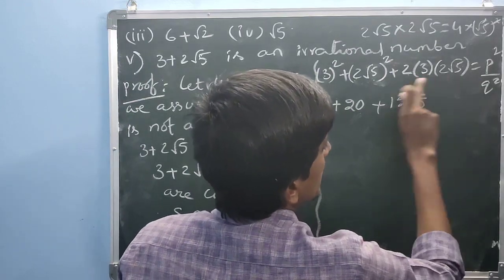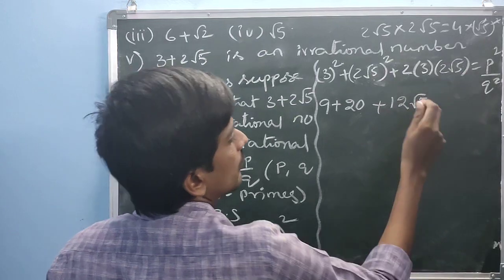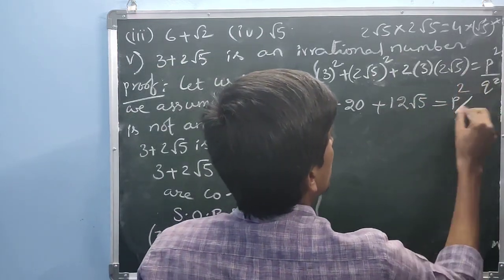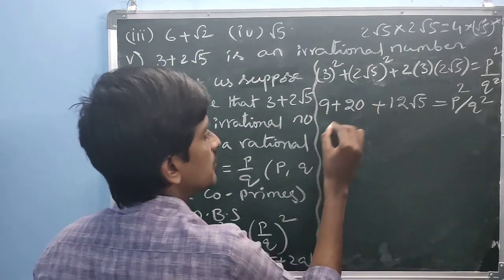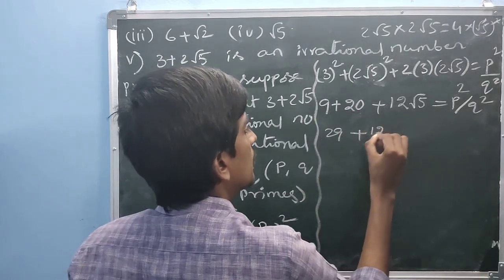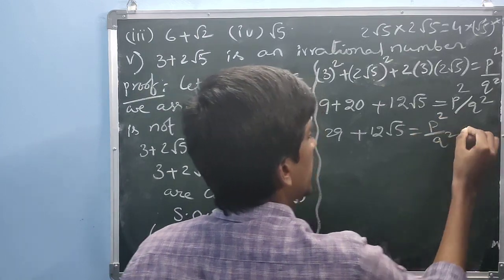So these first two numbers are rational numbers. So 9 plus 20 is 29, plus 12 root 5 equals P square by Q square.